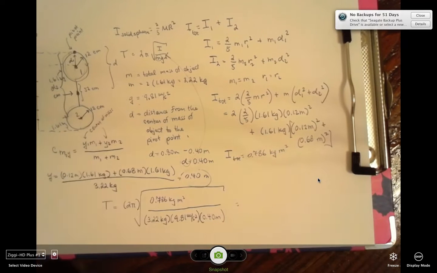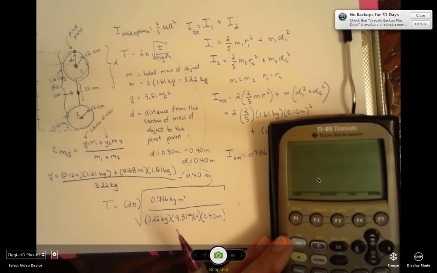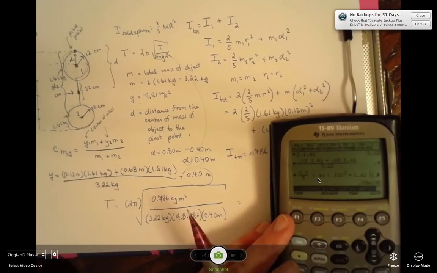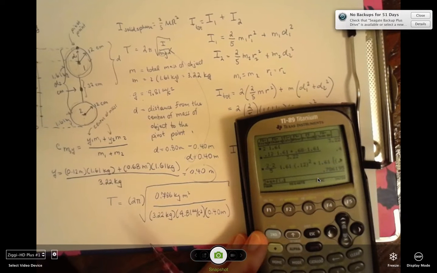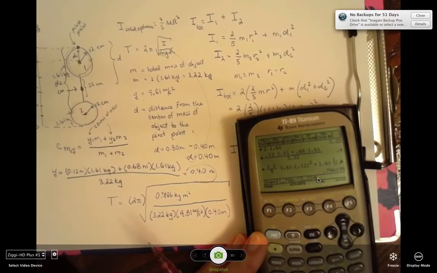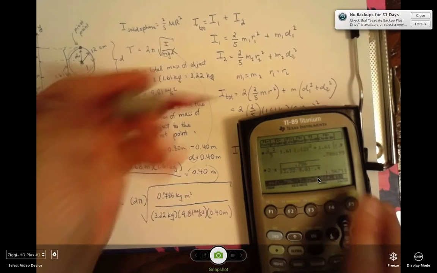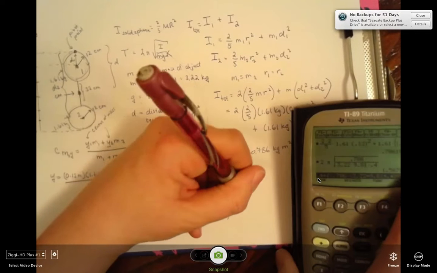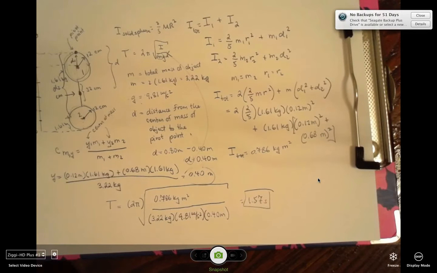Okay. 2 times pi times the square root of 0.786 divided by 3.22 times 9.81 times 0.4, 1.57. 1.57 seconds is the period of motion of this.